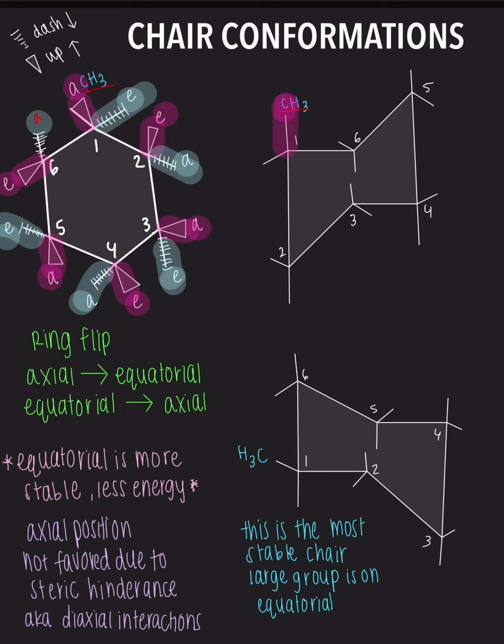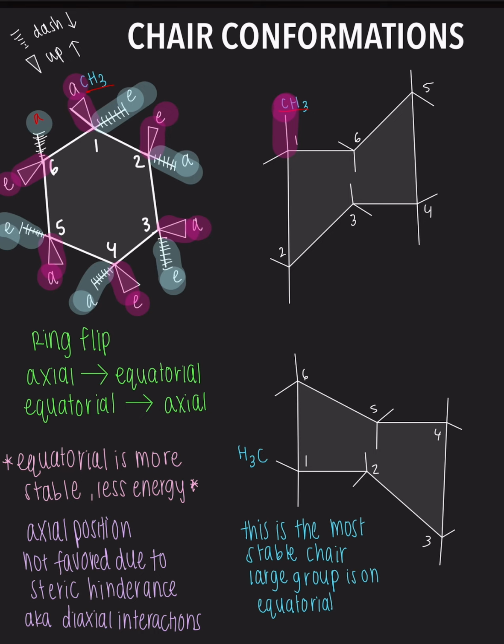In this case, I wanted to make it really easy for you guys, so I only put a methyl group. But for example, if I had some other group, I would see where it is and then draw it accordingly, and I have other examples. So again, the same way that this could be in the axial position, it could also be in the equatorial position. But notice that I flip. So I can draw it.